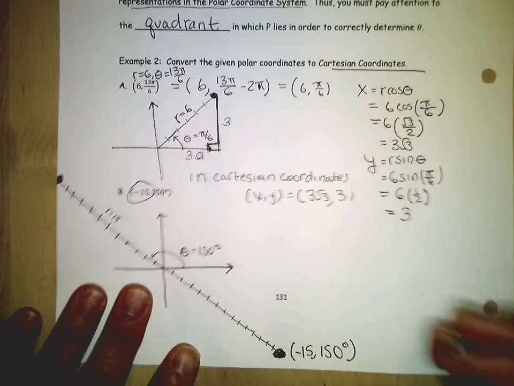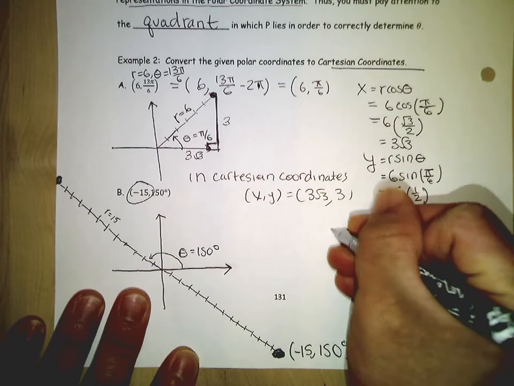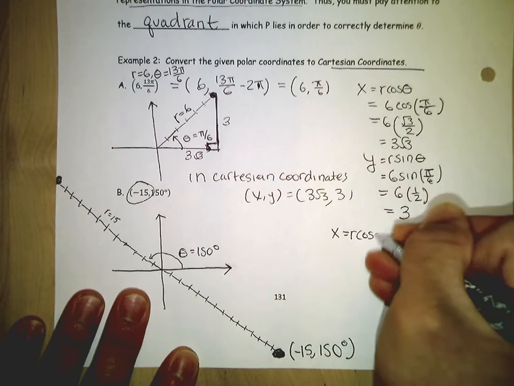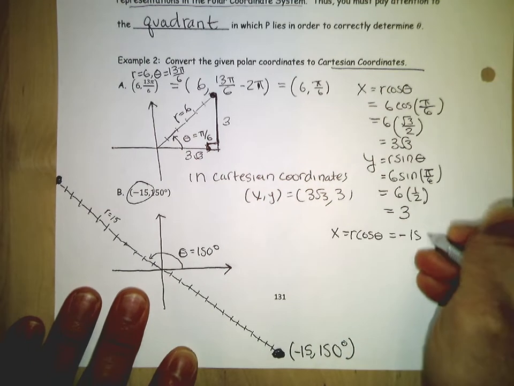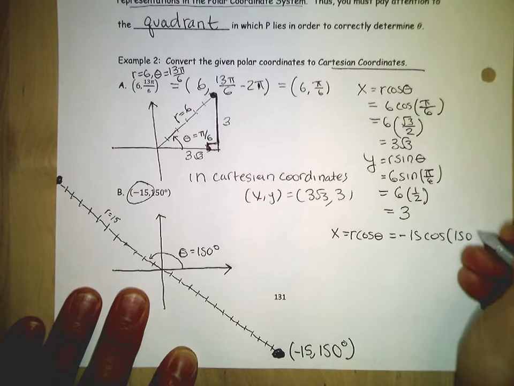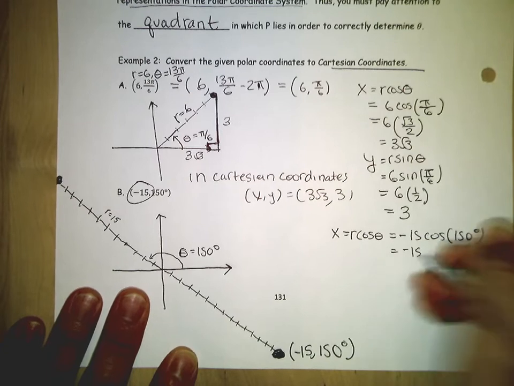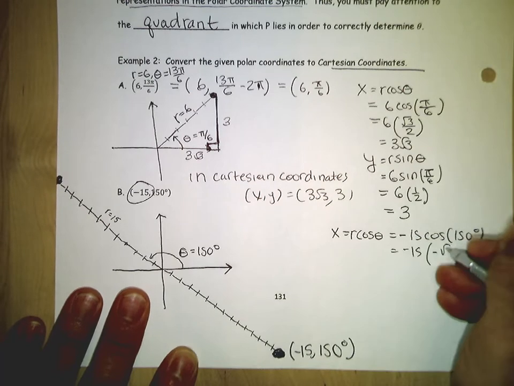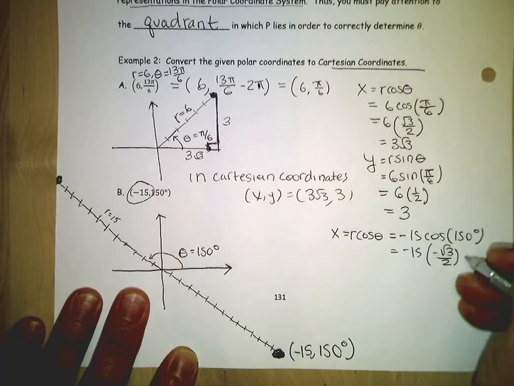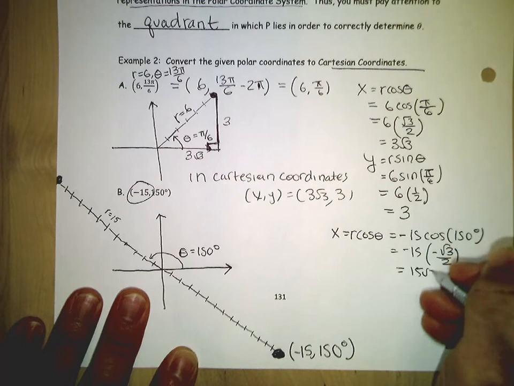Now, in Cartesian coordinates, we have x is r cosine of theta, so that's negative 15 cosine of 150 degrees, but cosine of 150 degrees is negative root 3 over 2, so that will be 15 root 3 over 2.